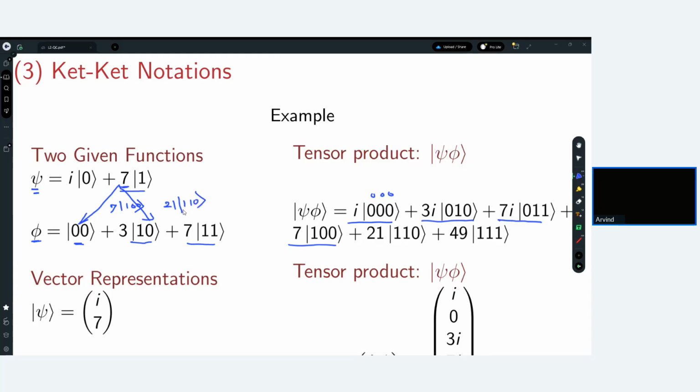So 21 times ket 110. Similarly, if I multiply 7 ket 1 with 7 ket 11, I will get 49, with 1 from the first function and 11 from the second. So I will write 49 times ket 111.